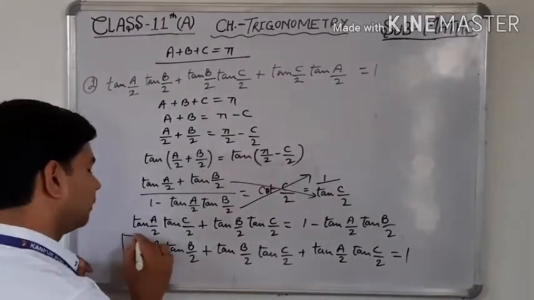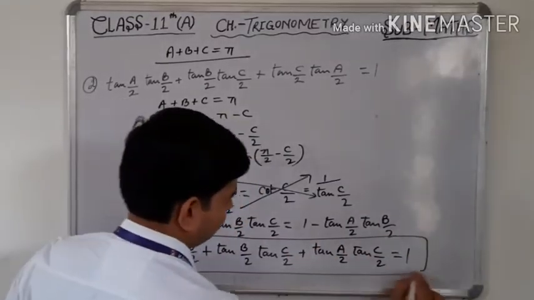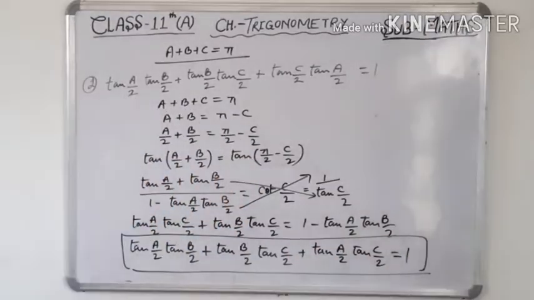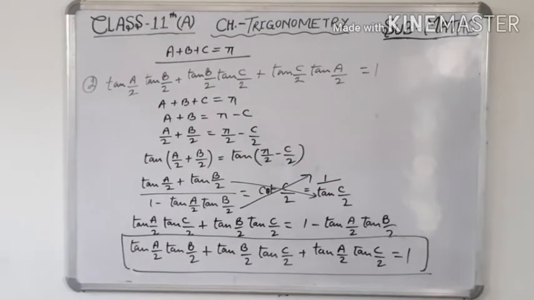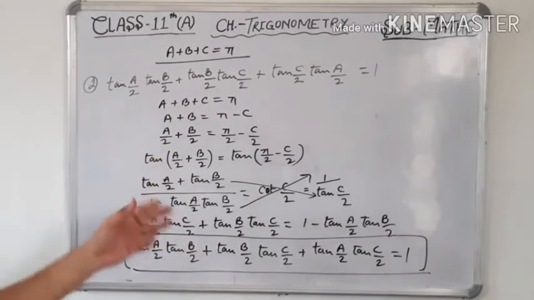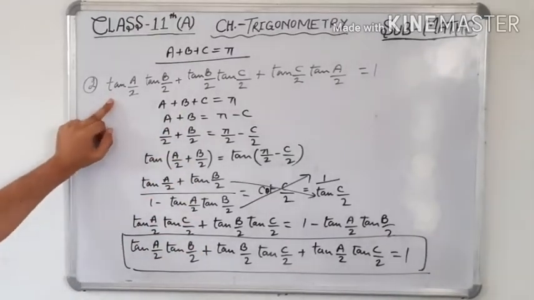This is the question which we had to prove. So these are very simple. The same method you have to apply in all the questions containing the function tan or cot.